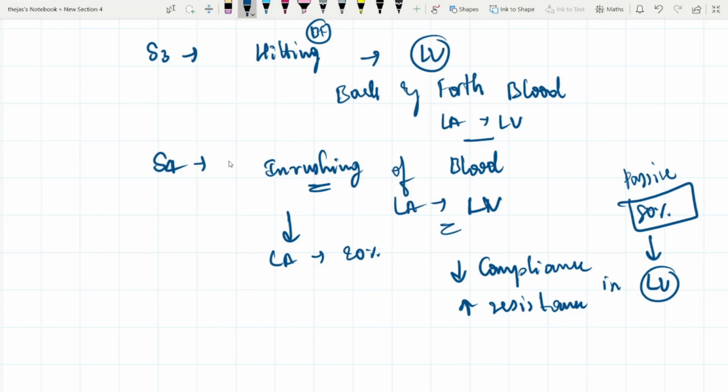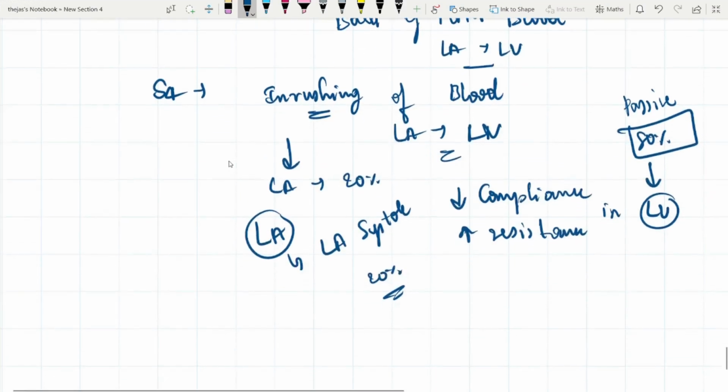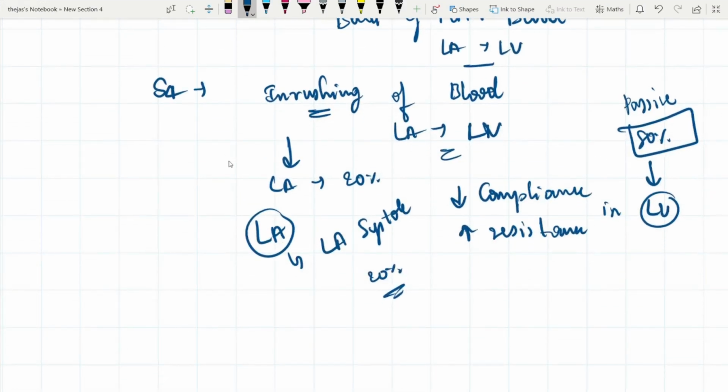So what happens? There is an increased beneficial effect of the left atrium. What is that beneficial effect? Left atrial systole. So this is the compensation. Okay. If blood is not able to fill up to 80% because of decreased compliance or increased resistance in the left ventricle, someone has to fill that blood, right?